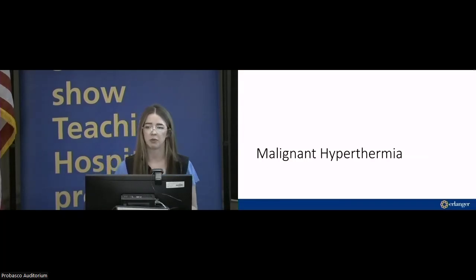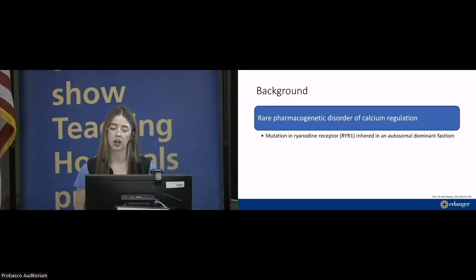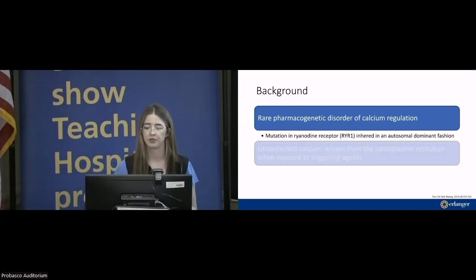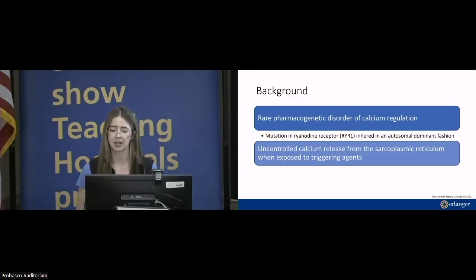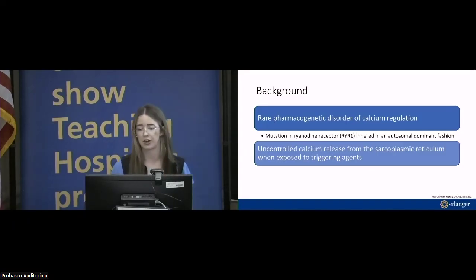The first disease state we'll be discussing in more detail is malignant hyperthermia. Malignant hyperthermia is a rare pharmacogenetic disorder involving impaired calcium regulation within skeletal muscle. Most cases originate from a mutation in the ryanodine receptor, or RYR1, which is inherited in an autosomal dominant pattern.